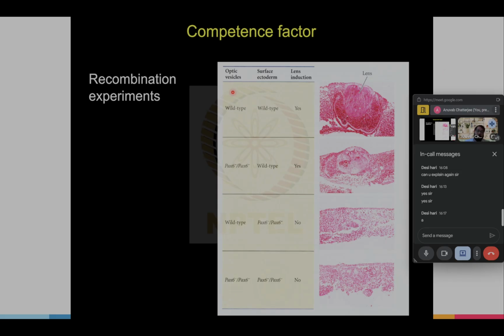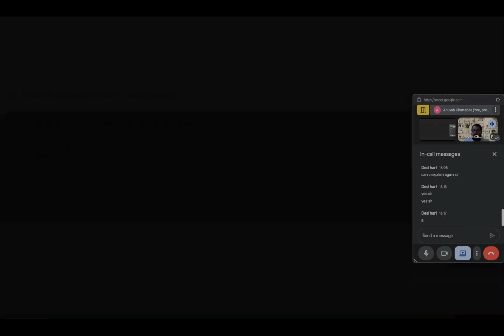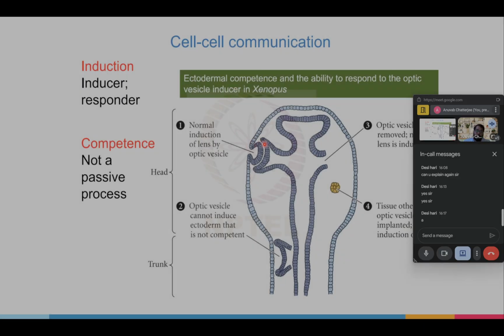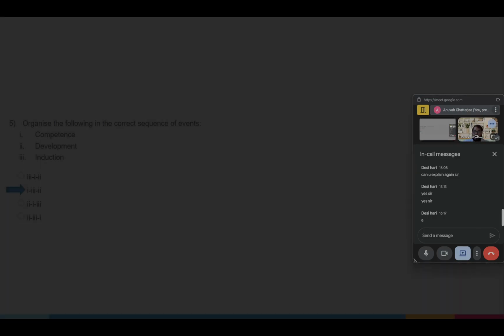We just saw that out of these two, the optic vesicle and the surface ectoderm, the surface ectoderm is the competent cell layer, whereas the optic vesicle is the inducer cell layer. So a competence factor needs to be present in the surface ectoderm to be able to receive the signal from the inducer. So if PAX6 is a competence factor, then I only care if it is present in the surface ectoderm.